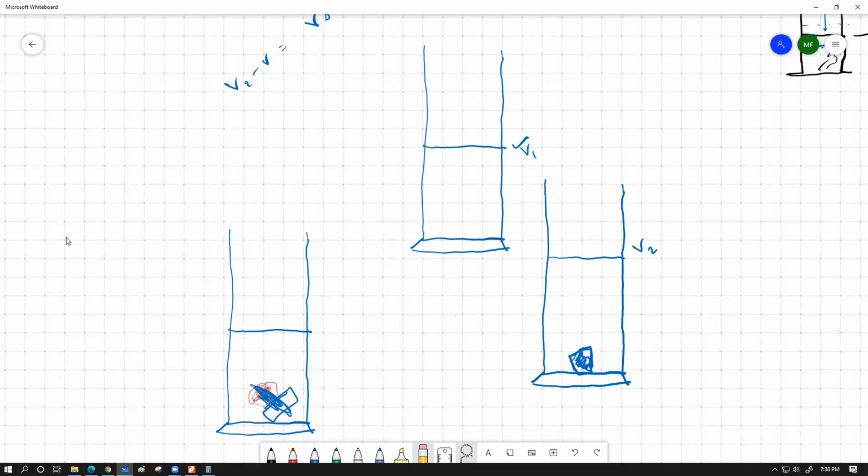And in that case, the level of the water is going to rise by a bit more height. Let's say currently this level is v3. So within this v3 volume, we have both the sinker and the object. So if we do the subtraction v3 minus v2, we can get the volume of the object.